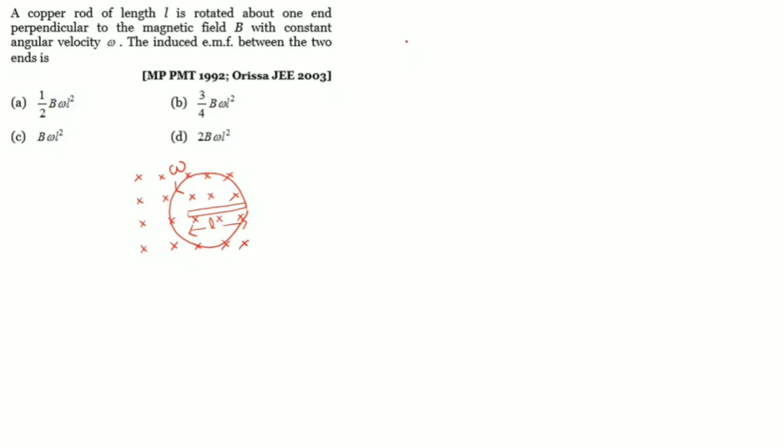We know the equation. The magnitude of induced EMF is given by E equals d phi divided by dt. But we know that phi equals B dot A, number of magnetic field lines passing through the given surface area. So this equation can be written as B into dA divided by dt, because this is a uniform magnetic field.